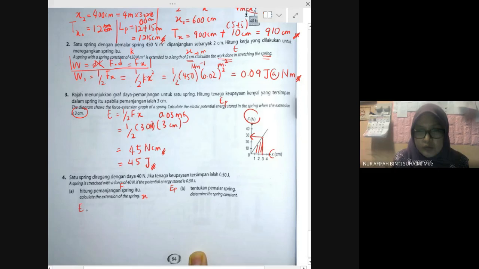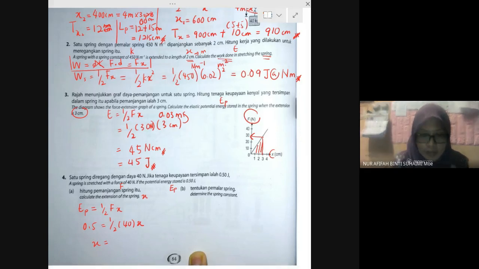We use the equation for elastic potential energy, half Fx. 0.5 joule equals half times 40 times x, with 40 Newton. So find x: 20 divided by 0.5.